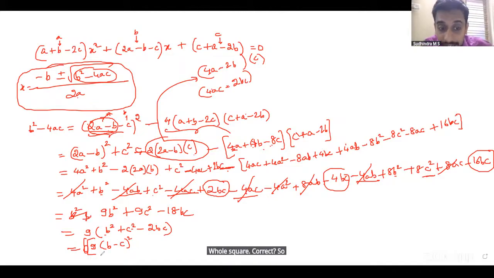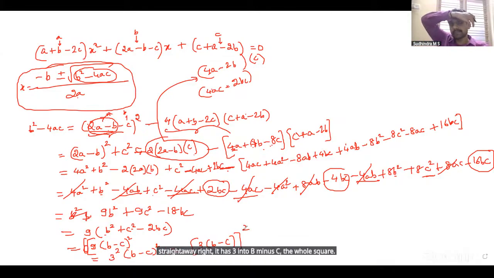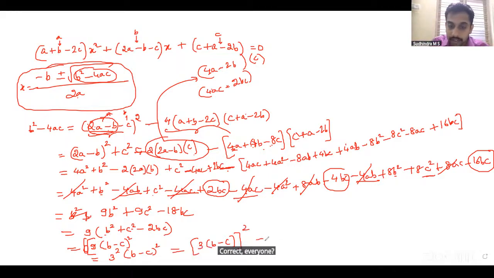So here, can I write 9 as 3 square? Yes. 3 square into b minus c the whole square? Or can I straight away write it as 3 into b minus c the whole square? Correct? Everyone? Yes, sir. 3 into b minus c is what? 3b minus 3c the whole square. Okay, I've just opened the brackets. Now, which option is correct?